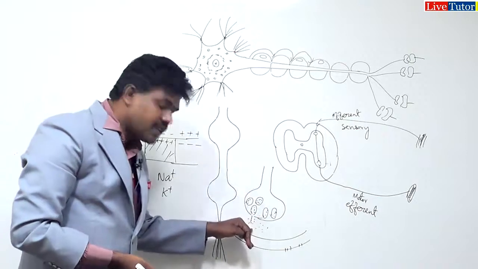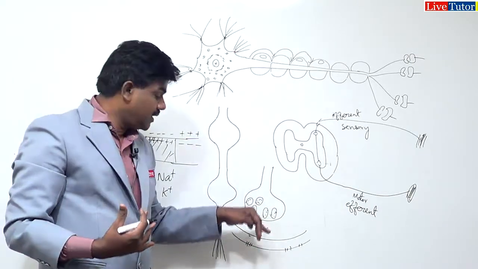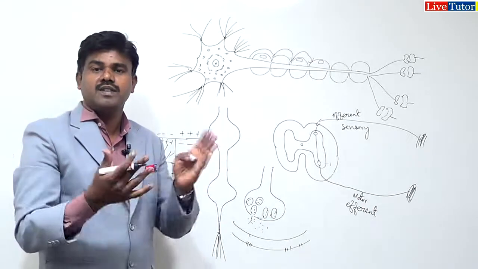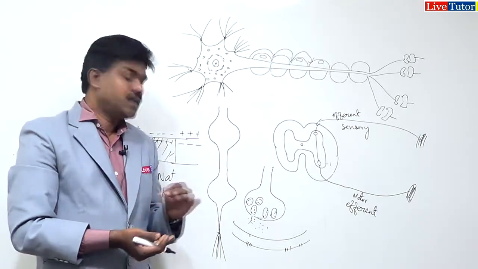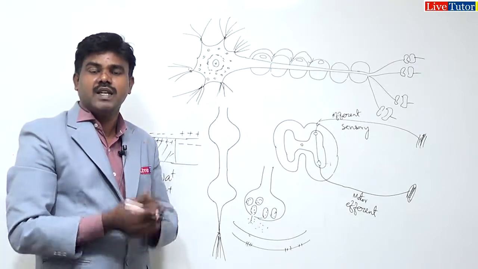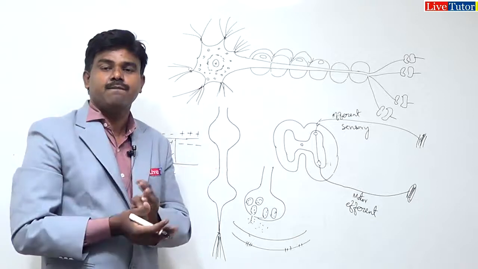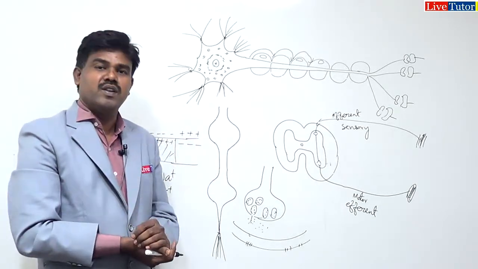When a neurotransmitter is released here, our immune system considers the neurotransmitter a foreign substance. So it begins to produce antibodies against the neurotransmitter. It is actually our own substance, but our immune system mistakenly considers it a foreign substance. That leads to a disease called an autoimmune disease.